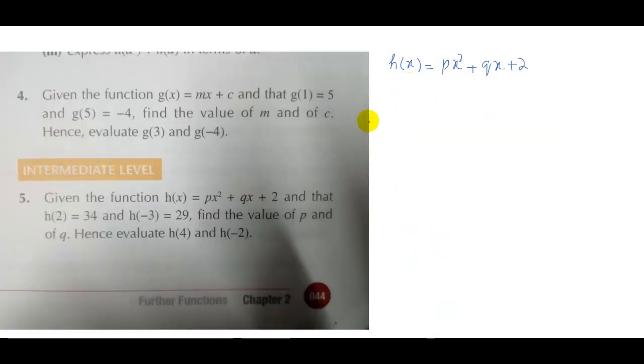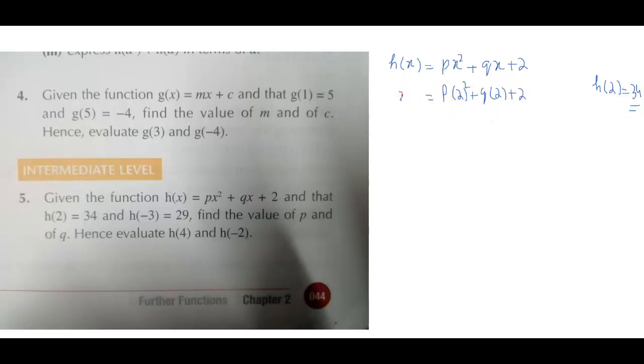In question number 5, this is the function, and in this function h of 2, when we put 2, the answer is 34. So let me put 2 here in x, p into 2 squared plus q into 2 plus 2, and answer is 34.